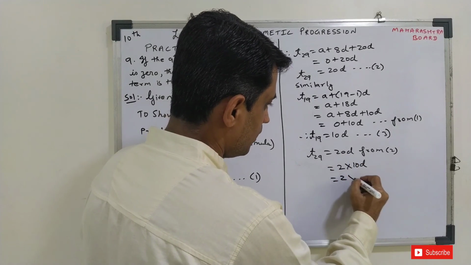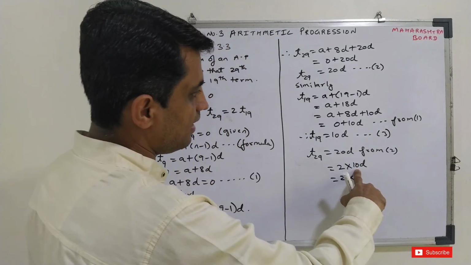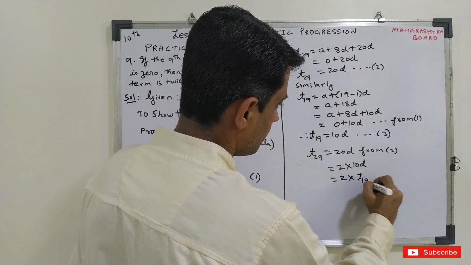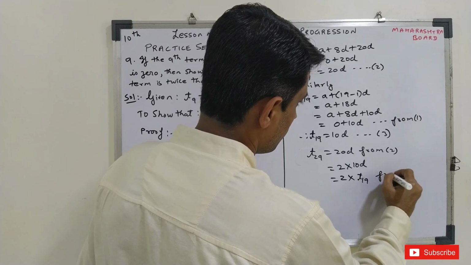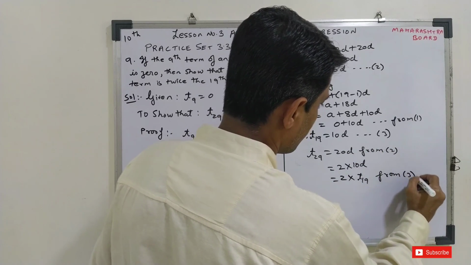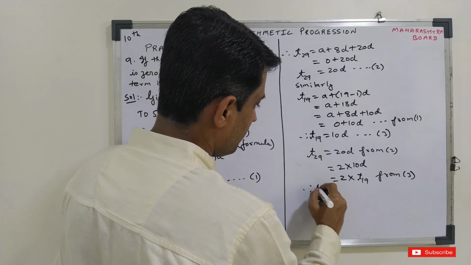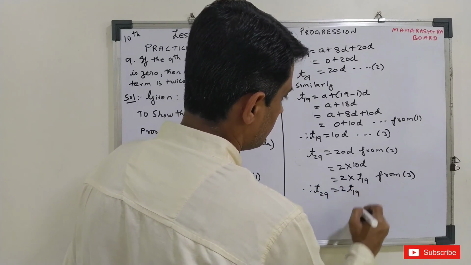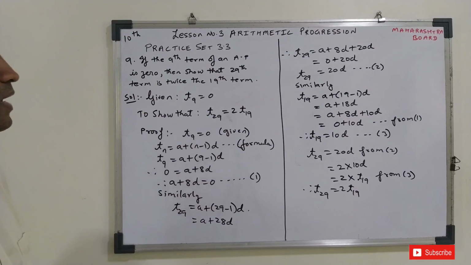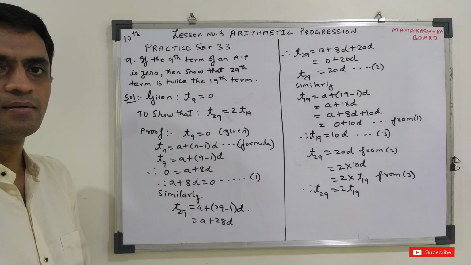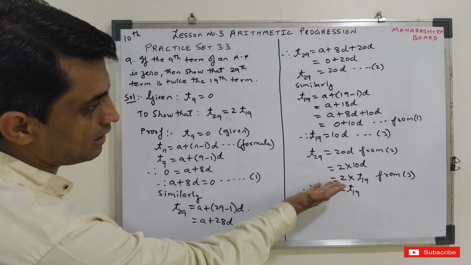Now, 2 into 10D. Instead of 10D we can write T19. Yes or no? From where? From 3. So therefore we get T29 is double of T19. Hence proved. That only we have to prove. T29 is double of T19. Just need to take care here in the last steps.